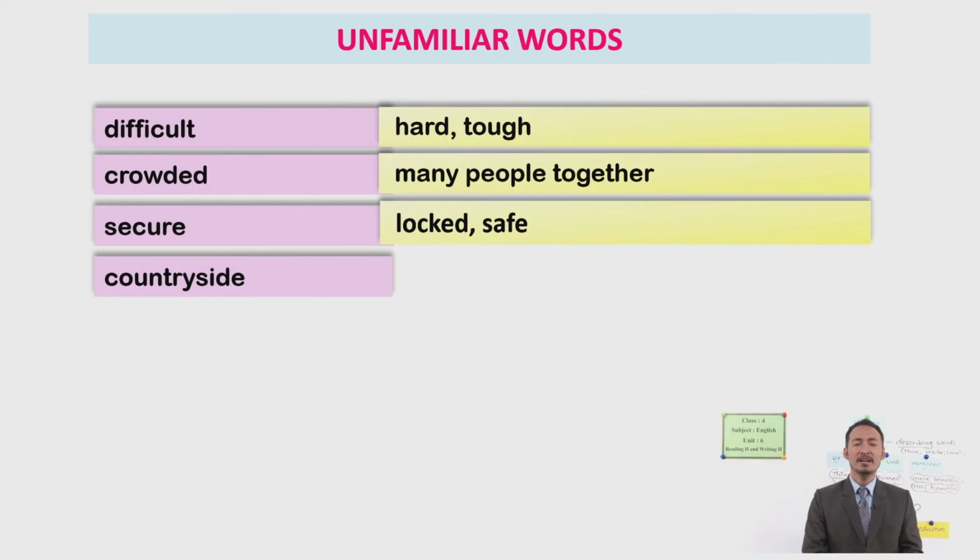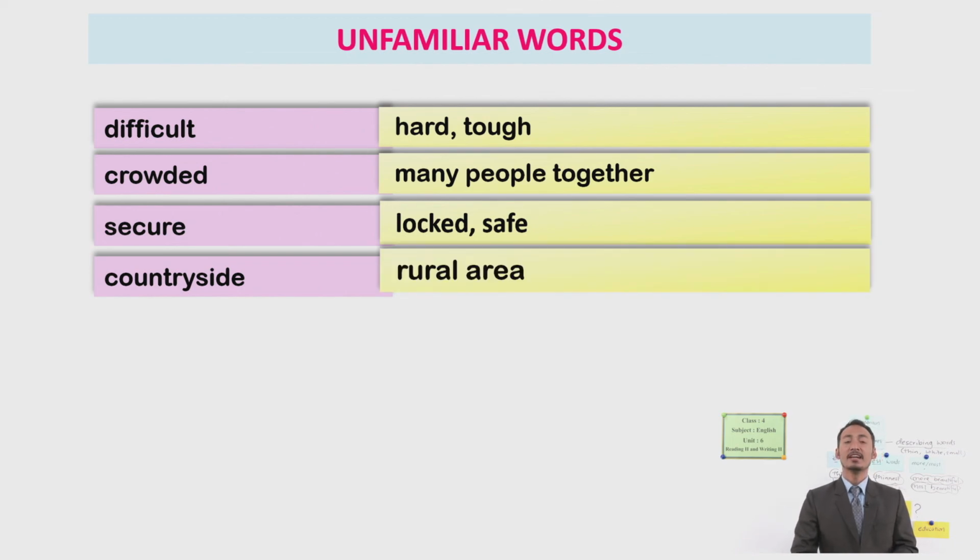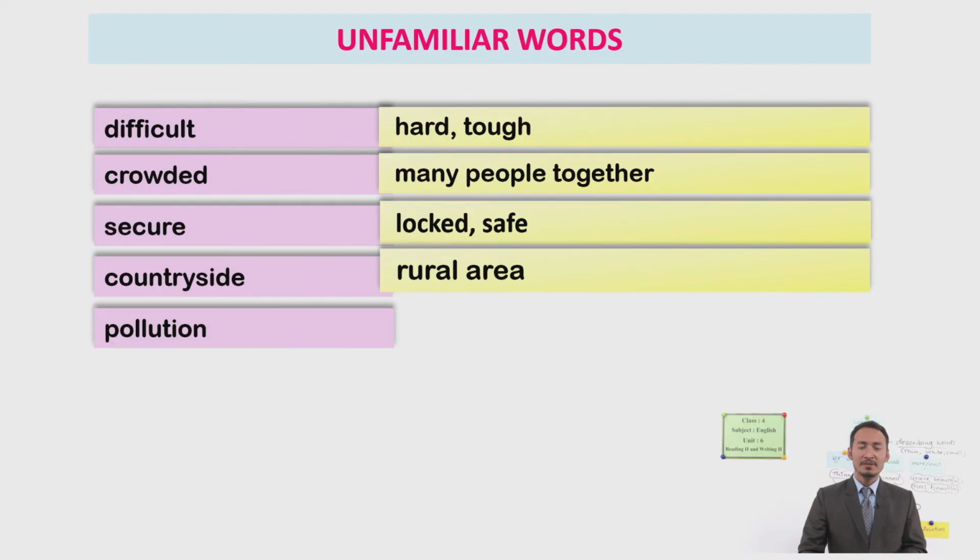And we have another word, countryside. I already said its meaning. Countryside means it's a rural area, a village area, a farming area. Now another word is pollution. Do you know pollution? Yes, there is a lot of pollution here in the city areas, right?